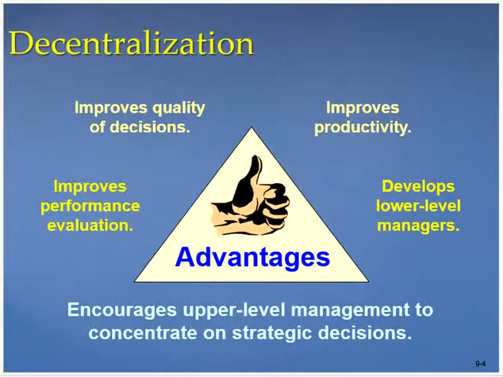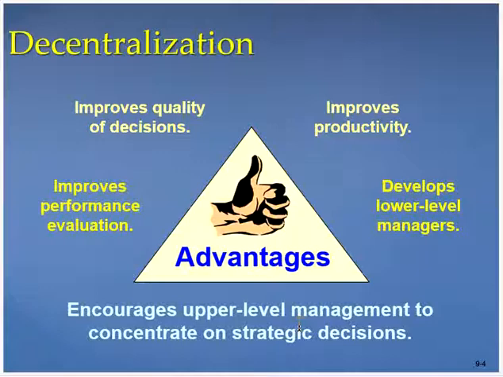Now, what are the advantages of decentralization? The first one is that it encourages upper level management to concentrate on strategic decisions. Lower level management can make routine decisions like hiring an employee or deciding what the discount should be.